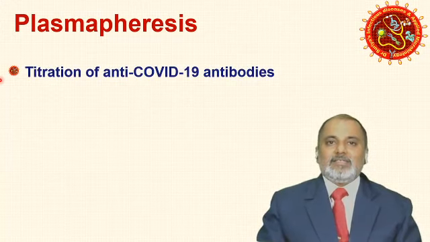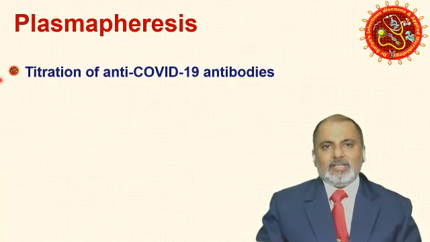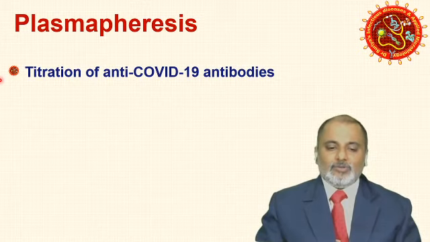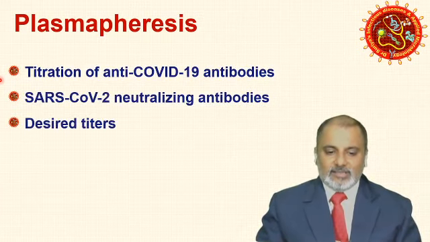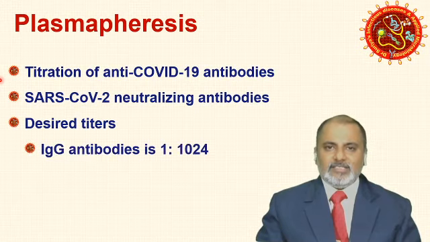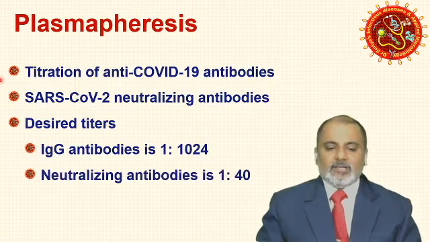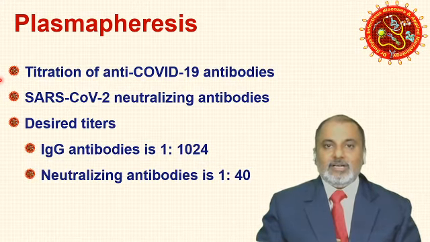Next is, when you select the donor and all criteria are over, then you can go for titration of anti-COVID-19 antibodies, total as well as neutralizing. See here, the decided titer in case of IgG is 1 in 1024 or neutralizing antibody 1 in 40.